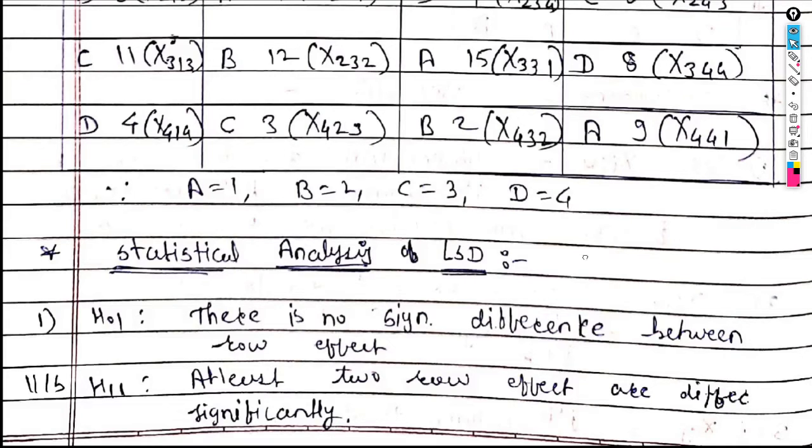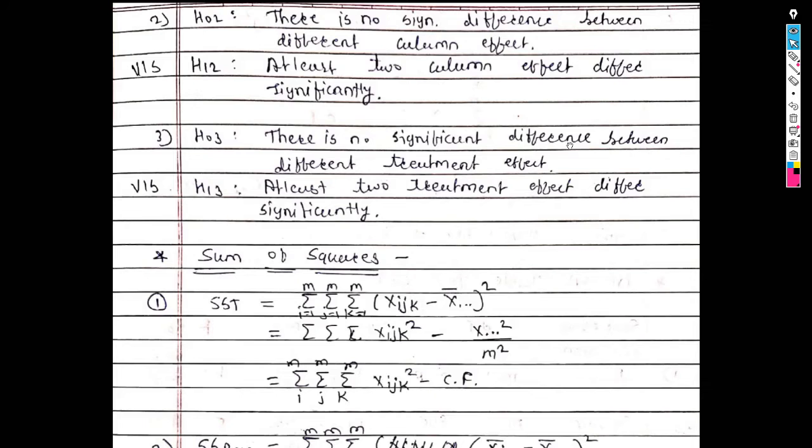So our next hypothesis is H02: there is no significant difference between different column effects versus H12: at least two column effects differ significantly. This is our second hypothesis about column effects.